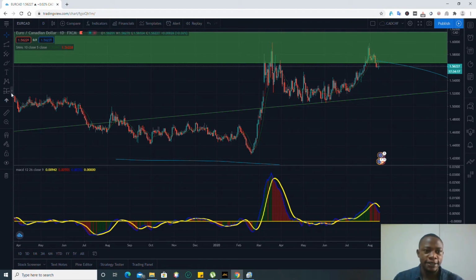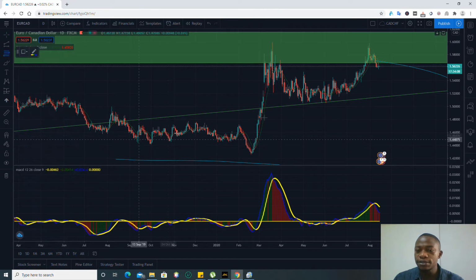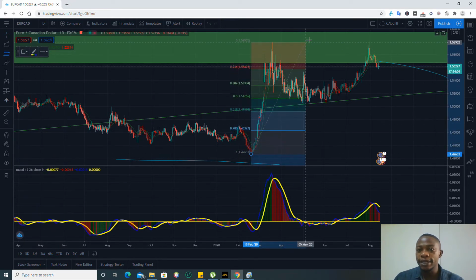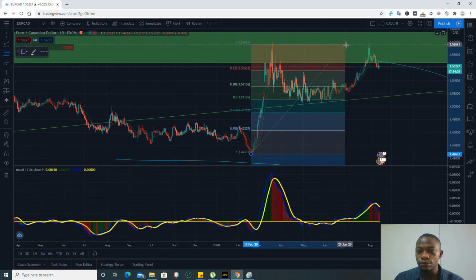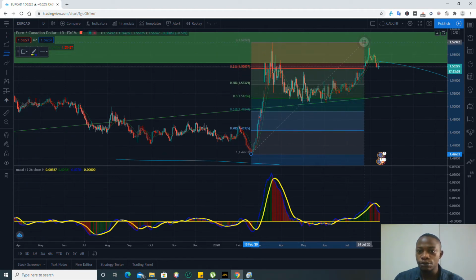What I mean by that is, to spot such levels, we have several tools such as the pitchfork and Fibonacci. The Fibonacci retracement will actually determine at which level exactly the market tends to reverse to go in the other direction. As for me, I will draw from the very low level to the very top.